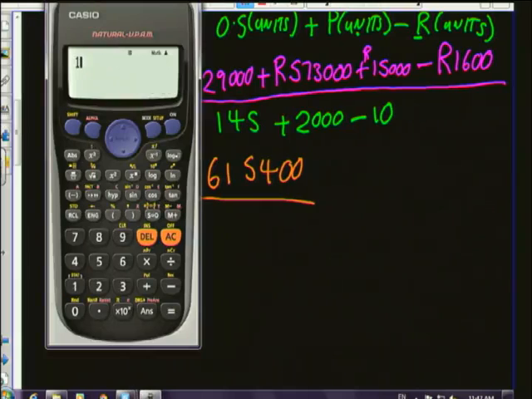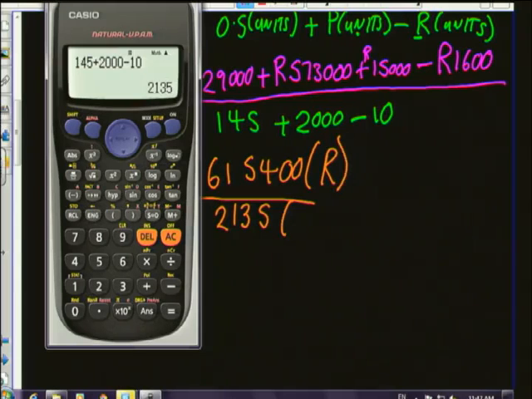So 145 plus my 2,000 minus my 10, and that gives me 2,135 units that were available to sell. This here, remember, refers to my rand value, and the bottom refers to the number of units that I had available to sell.